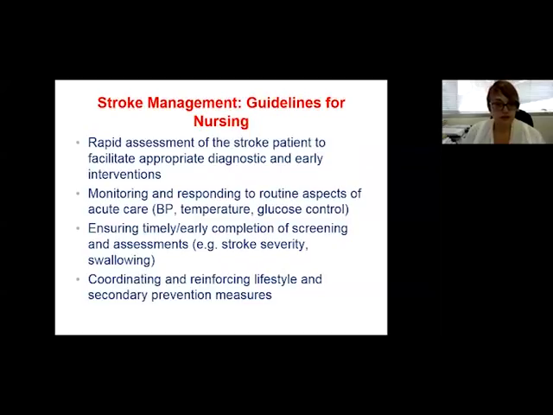Really important that they are all monitored accurately, and so that these can be responded to quickly to avoid further damage. Good screening and assessment, particularly around the severity of the stroke. What is a person swallowing like? What is their mental function like? And then coordinating and reinforcing lifestyle and secondary prevention, because secondary stroke can occur.